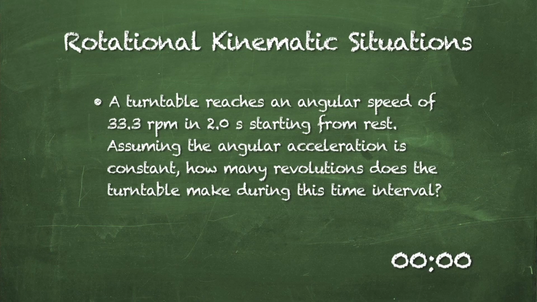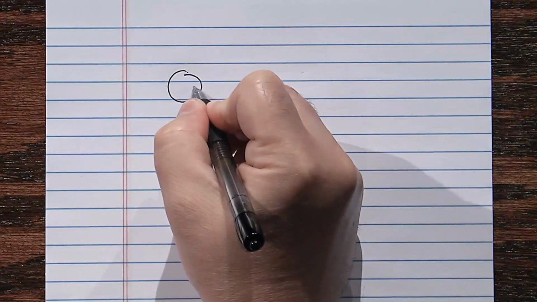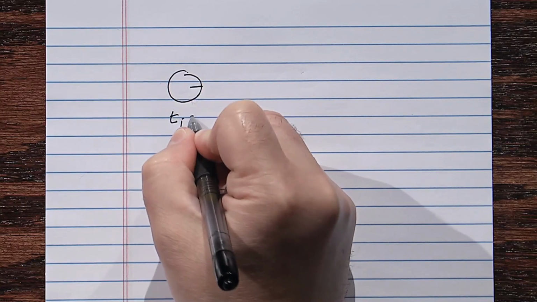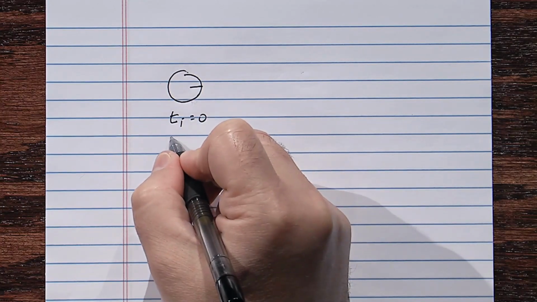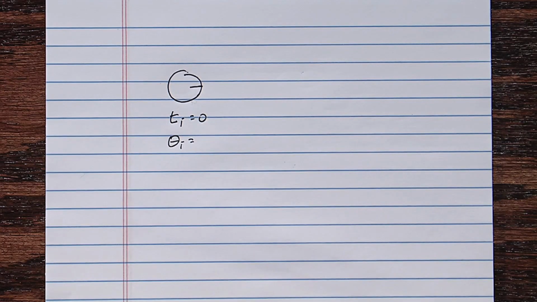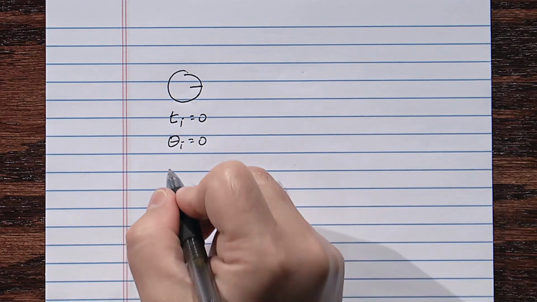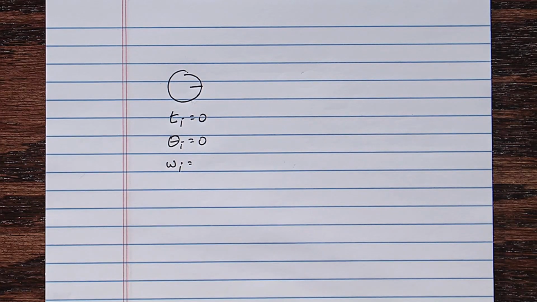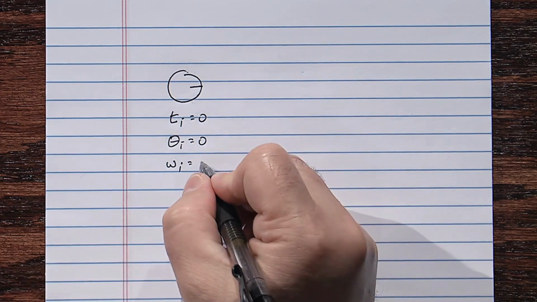Okay, let's draw our turntable. Initially, we have our initial time, we'll call that 0. Our initial angle, theta initial, we can call that 0 as well. And omega initial, we are told, is 0 radians per second because the turntable starts from rest.